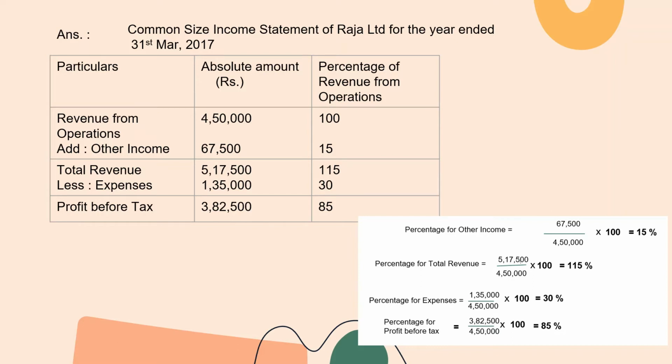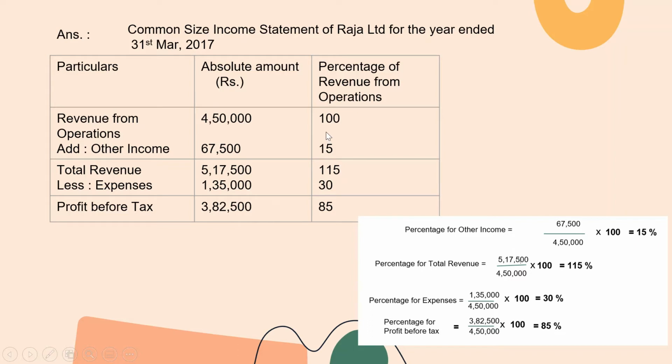First column, you have to write the particulars of items given in the income statement. First we are going to write the revenue from operation, write the value in the absolute amount in the second column, and add other income, add both the values, and then you will get total revenue, and then less expenses, and then this will give you the profit before tax.